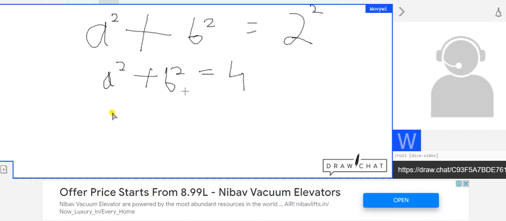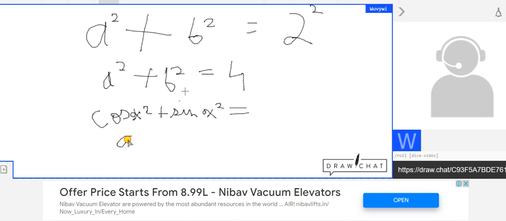So let's say that we take cos x square plus sin x square, and we find the value.